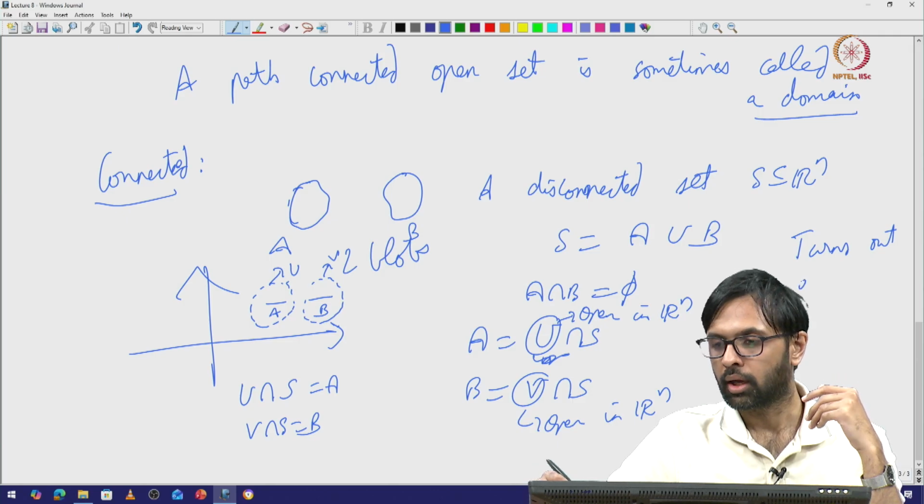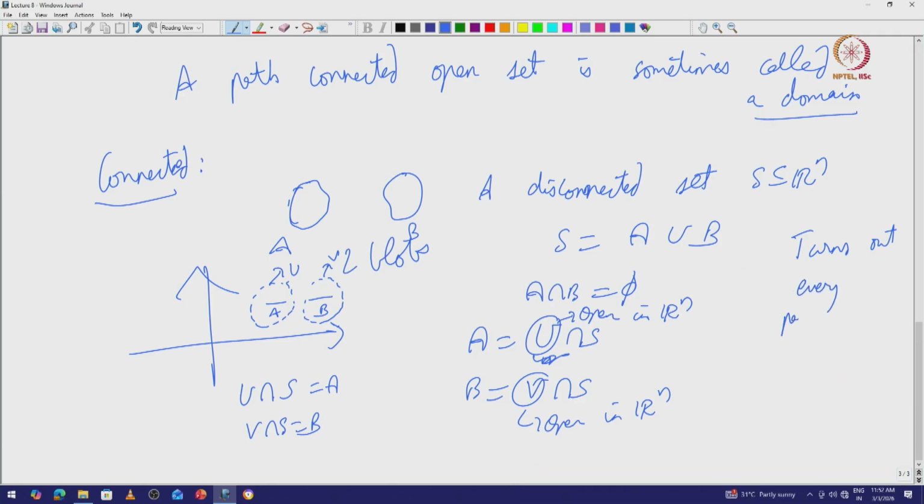Turns out every connected open set is path connected and open, and the other way around. So if you are connected and open, then you're path connected and open. If you're path connected and open, then you're connected and open, right?